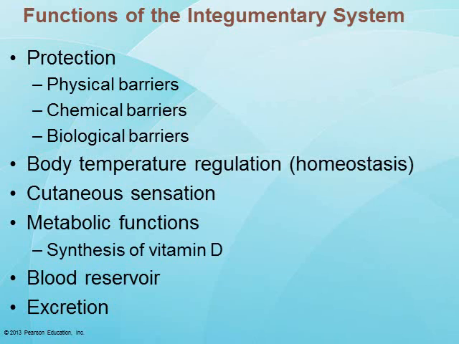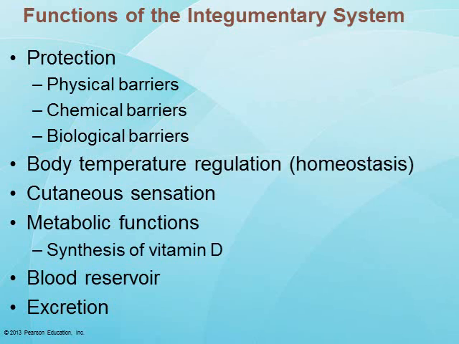The second function is body temperature regulation. It keeps your body temperature at a relatively steady condition. Remember when we talked about homeostasis, our body temperature stays in a very narrow range. If it goes up, then you start to secrete sweat. Sweat is mostly water. It will vaporize and take heat away from your body.